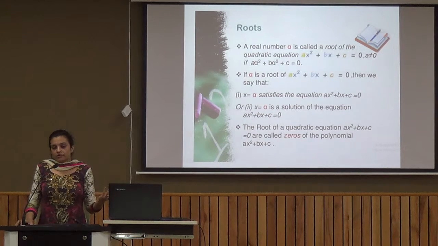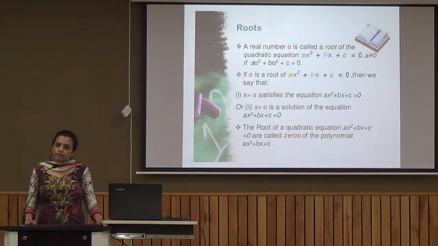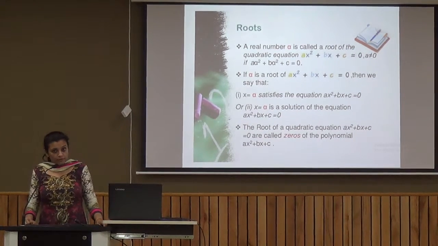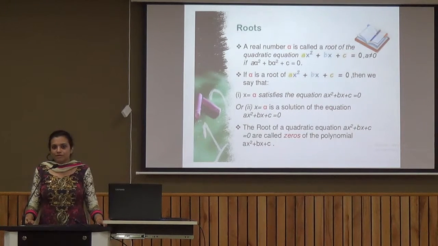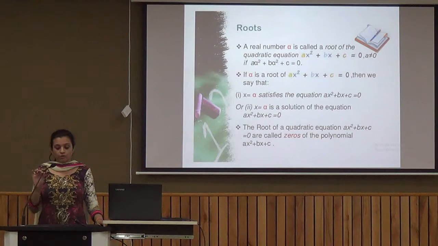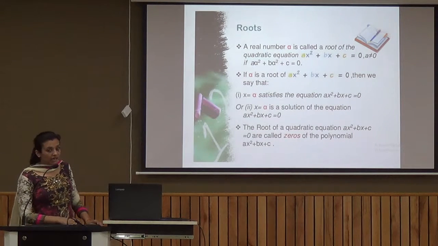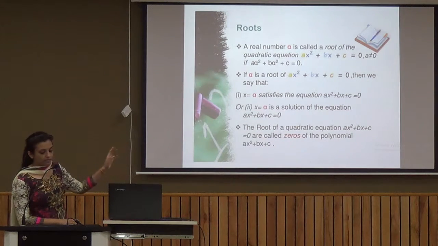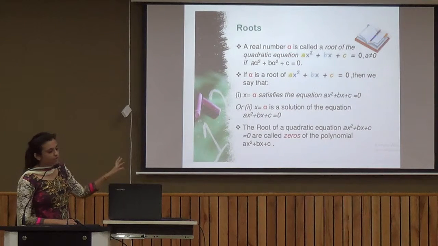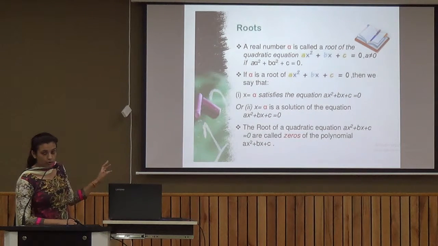Now, what are the roots of a polynomial? What are the zeros of a polynomial? Does something come to your mind? Yes, let's see. A real number alpha is called a root of the quadratic equation ax square plus bx plus c equal to 0 if a alpha square plus b alpha plus c equal to 0 holds true.